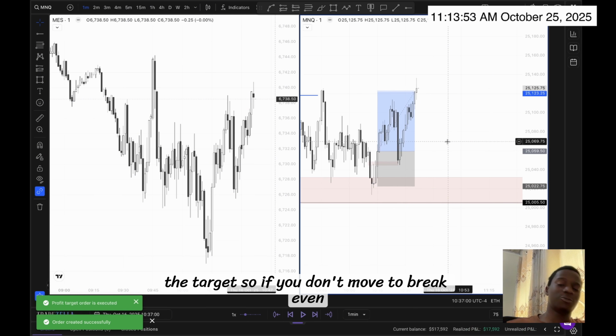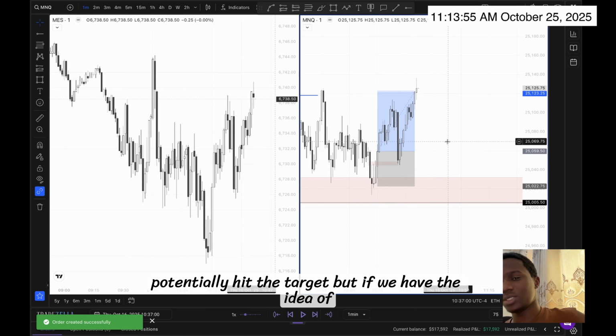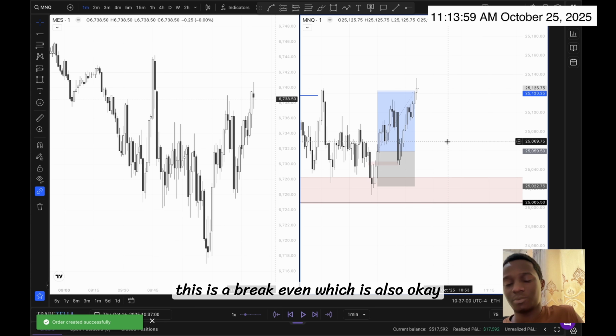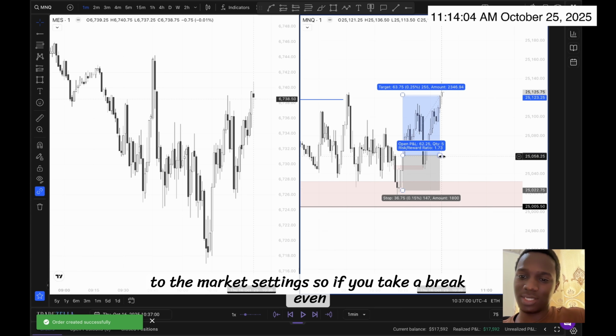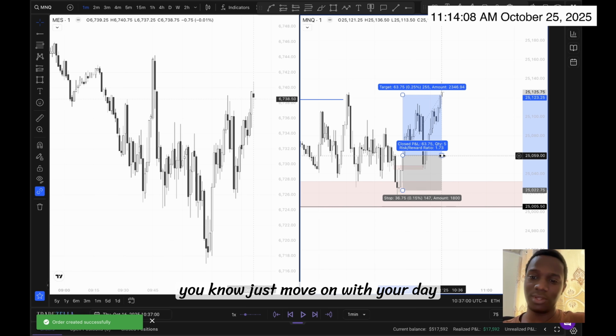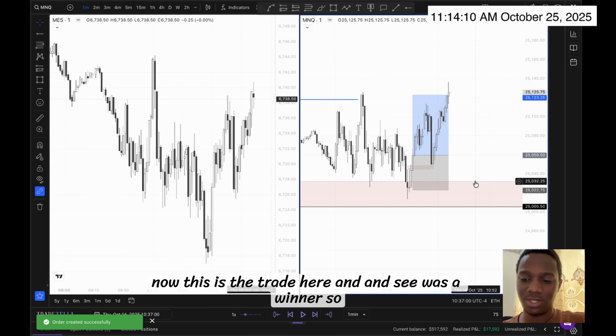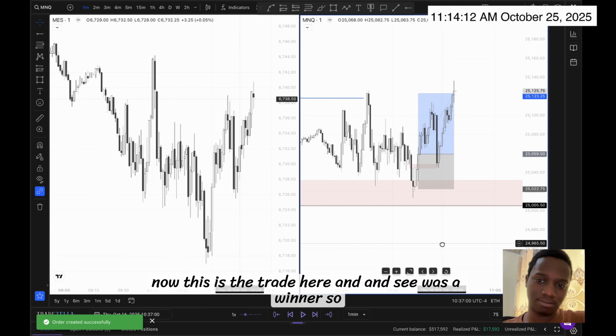If we don't move to break even, we could potentially hit the target, but if we have the idea of protecting our capital, then this is a break even, which is also okay. You gotta learn to adjust to the market settings. So if you take a break even, just move on with your day. Now this is the trade here, and you can see it was a winner.